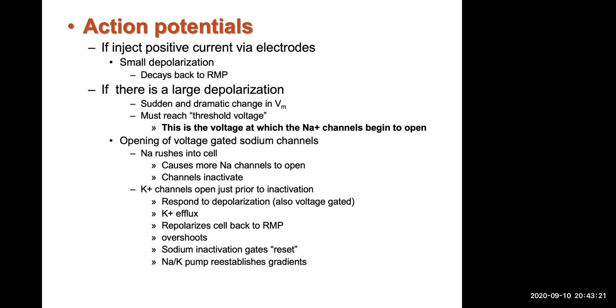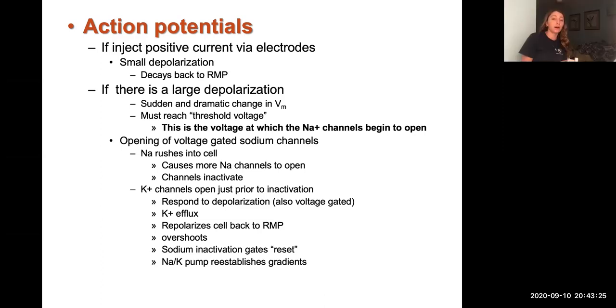Efflux is when the membrane potential becomes more negative. So positive potassium goes out of the cell, and it repolarizes the cell back to resting membrane potential. Because they're slow to close as well, it overshoots, and that's what causes the hyperpolarization, which means it goes below negative 70.